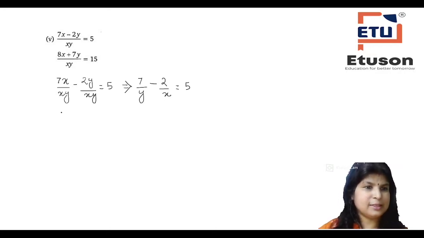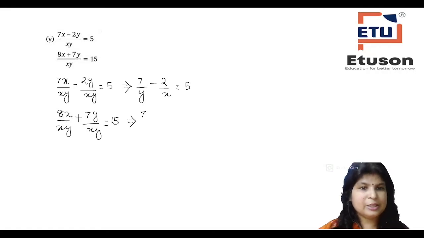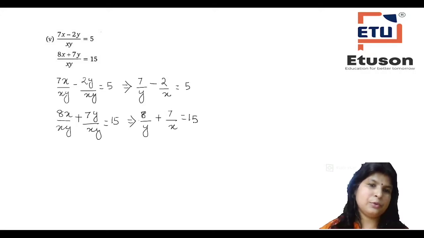Now considering the second equation in the same way, if I write 8x by xy plus 7y by xy is equal to 15, it implies again you will get 8 divided by y plus 7 divided by x is equal to 15.